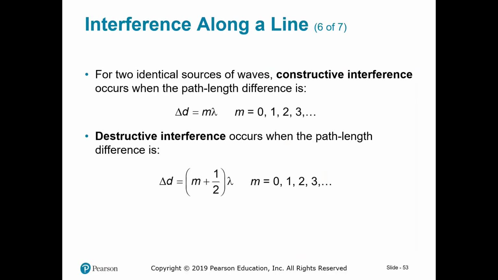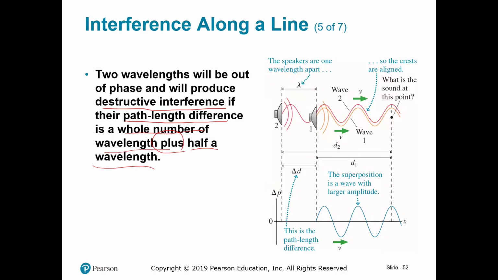So the picture here is not clear, right? Because this is the in-phase picture, but let's assume the speaker number 2 is located right over here. So then a half wavelength difference. So then what happens is that it will start this way, and then right here we will go that way, and then we'll go this way, right?